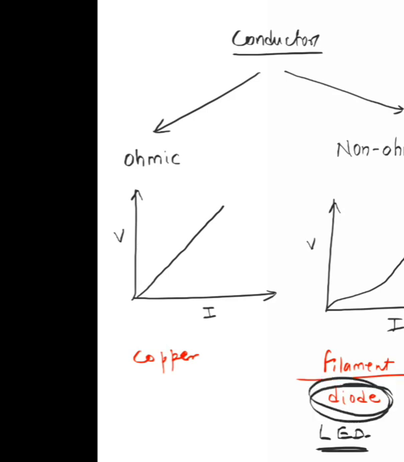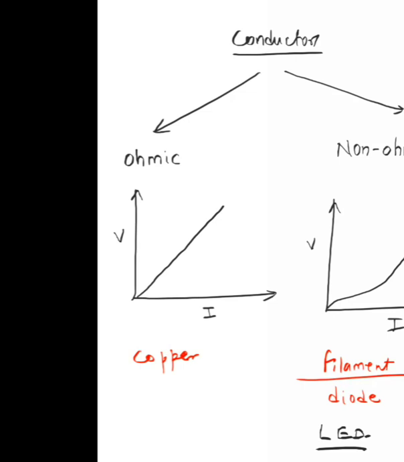They are also non-ohmic, which means if you increase the potential difference, the current will not increase uniformly. It will increase at any rate, randomly. They can ask you to define or differentiate between ohmic and non-ohmic conductors and give an example of each, or give you a graph and ask you to identify.